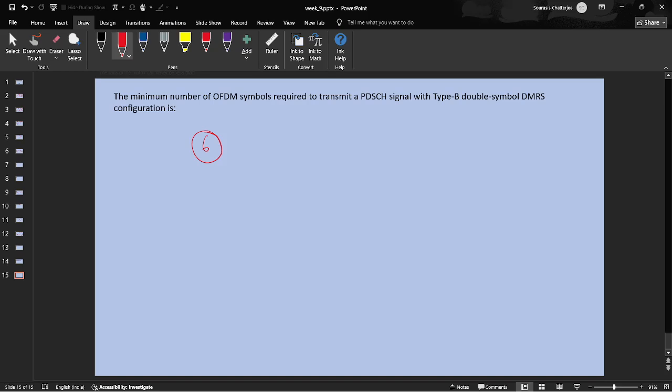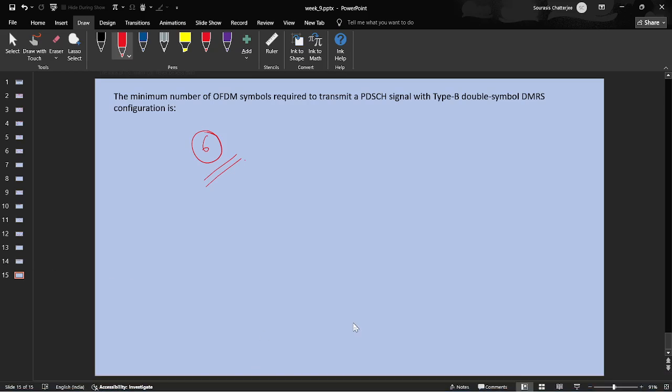Maybe you can verify that. It's 6 only. I have a little doubt about this answer. I will cross check once and then update it, but most likely it's 6 symbols at least required.